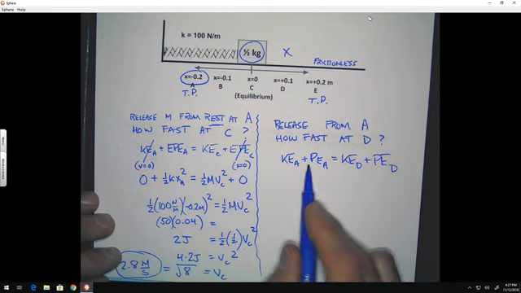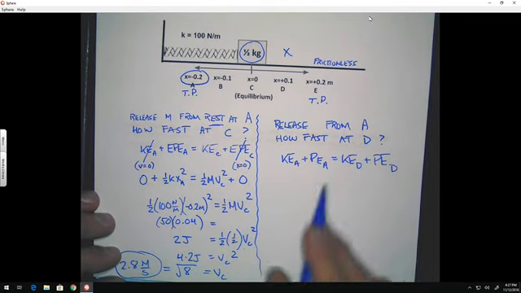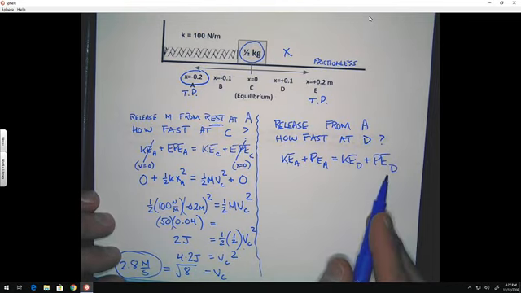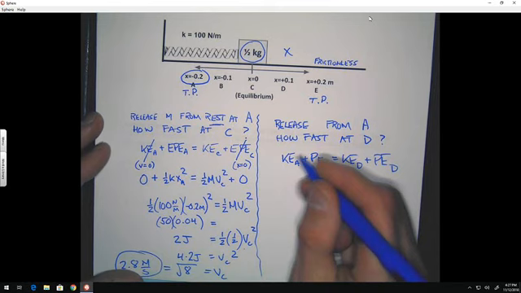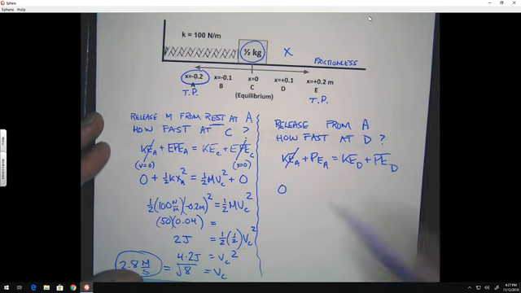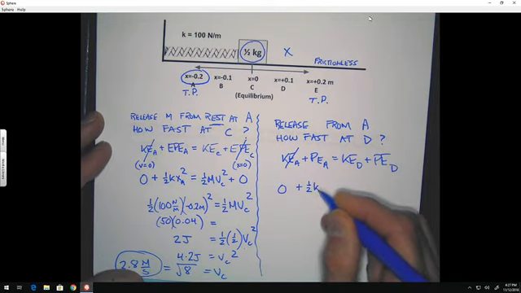I didn't write EPE, but you guys should know that that's what I mean here. But now we're looking at point D, okay, on this side. So it's the same starting point, but now we're looking at from A to D. Kinetic energy at A is still 0 for the same reasons it was before, plus 1/2 k xA squared.